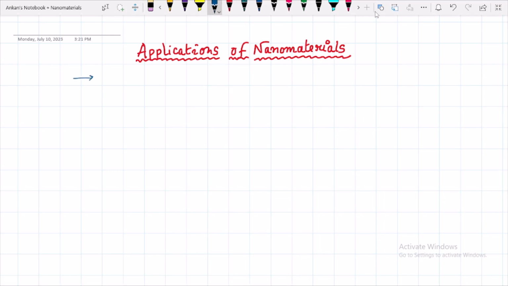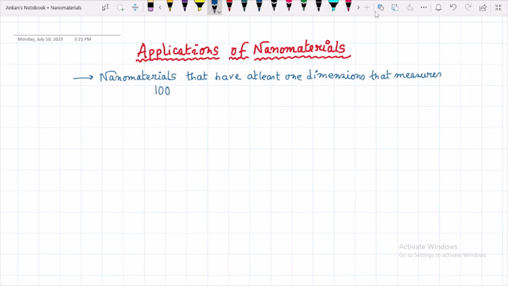Let me remind you that nanomaterials are materials that have at least one dimension that measures 100 nanometers or less.